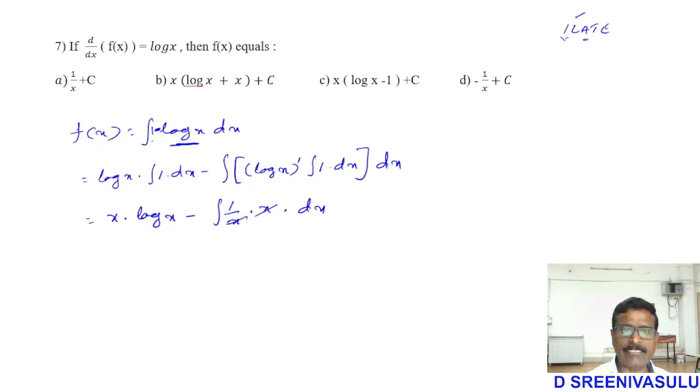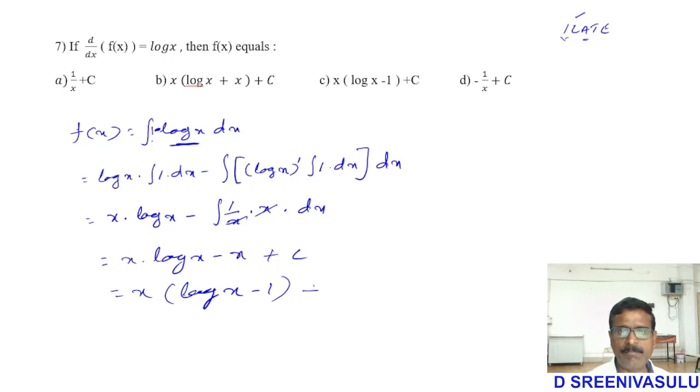X will get cancelled. This is equal to x log x minus what is integral dx? x plus c. Take x common: x into log x minus 1 plus c. This is the answer. Which option is correct? You may check. Option C, x into log x minus 1 plus c. Option C is the correct answer.